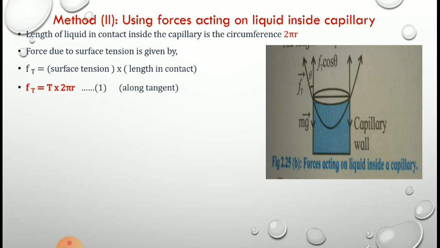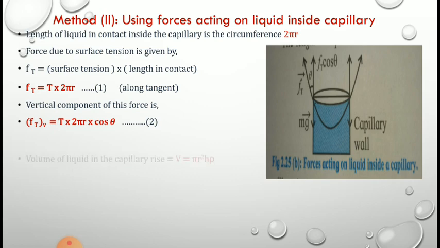The direction of Ft is tangential. So we can resolve it into components. The vertically upward component is Ft cos theta. So the vertical component of this force, Ftv, is represented by T into 2 pi r multiplied by cos theta, represented by equation 2.